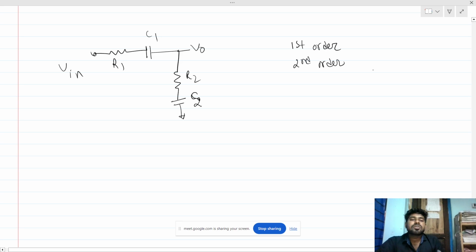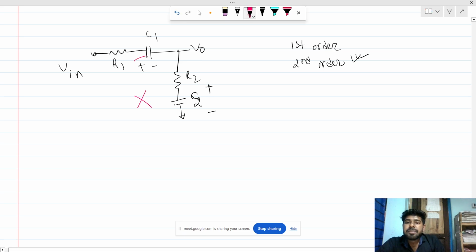You may think it will be a second order because we can set these two voltages independently, right? But actually this is not. Why not? Because the same current is flowing through both of these two capacitors. So actually this is a first order circuit.